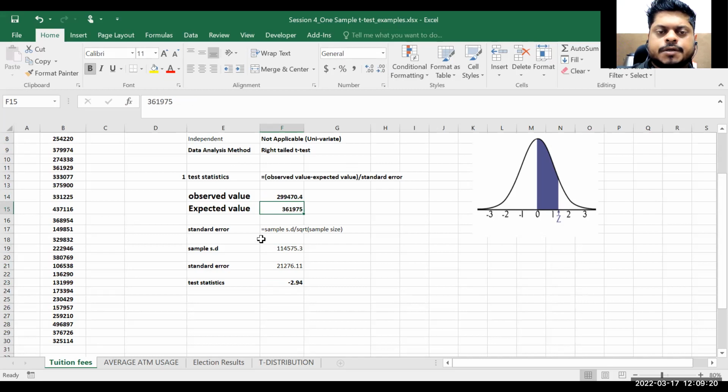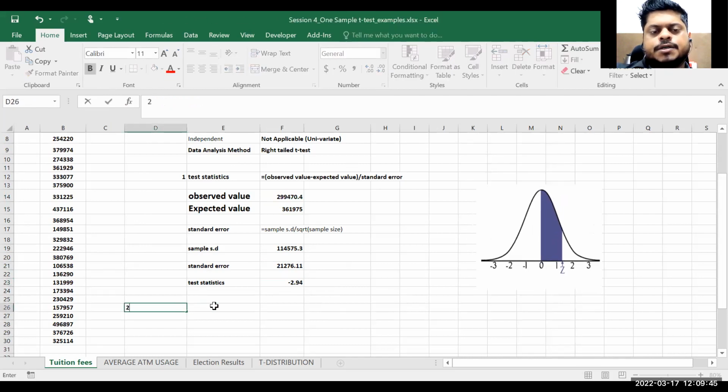So this is the first step. Whatever sample average I got, that is 2,99,470 rupees 40 paise, I just change it to standardized data. I subtracted from the mean divided by the standard error. This gives me standardized data, right?